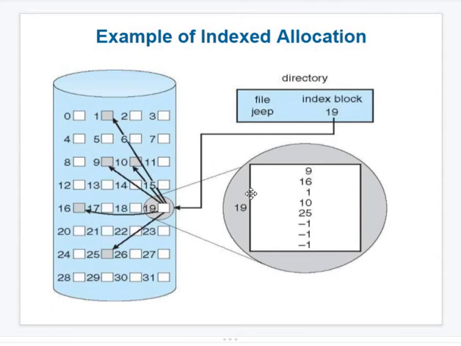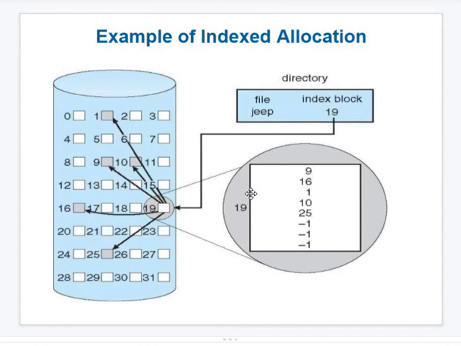So the ith entry in the index points to the ith block of the file. The directory contains the address of the index block. To find and read the ith block, we will use the ith pointer so that we directly reach the destination exactly.